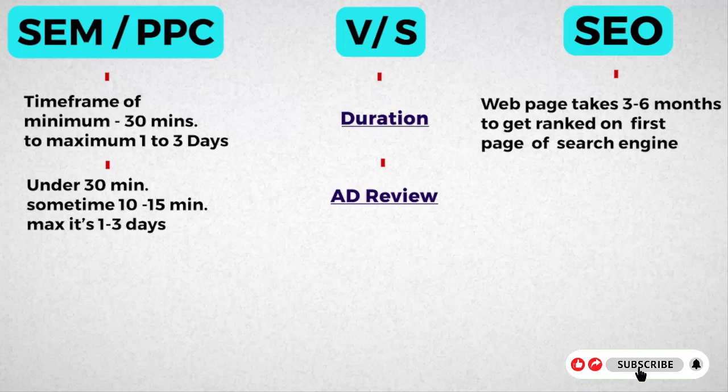Whereas when you are ready to spend time and are not in a hurry, then you can take advantage of SEO. So this is one of the reasons why people may do SEM at first go, as it's quicker or faster.